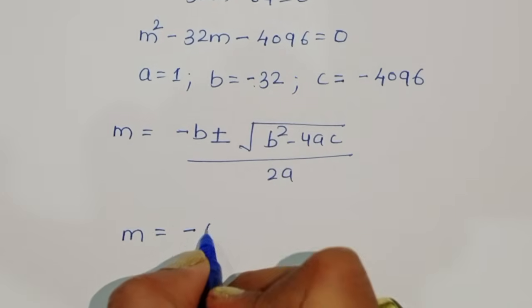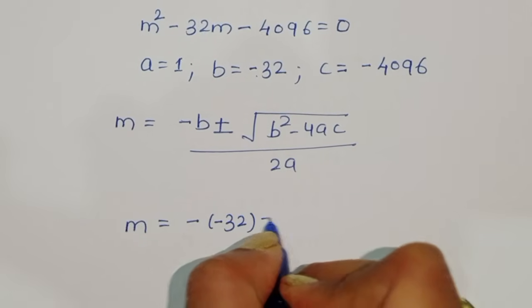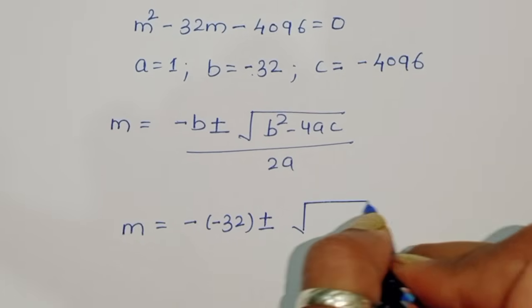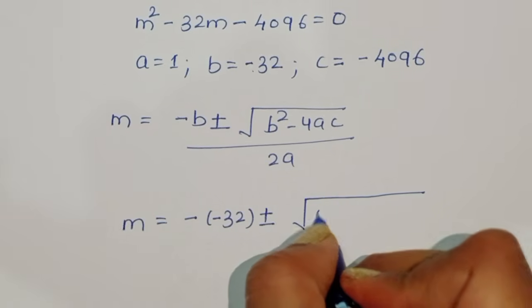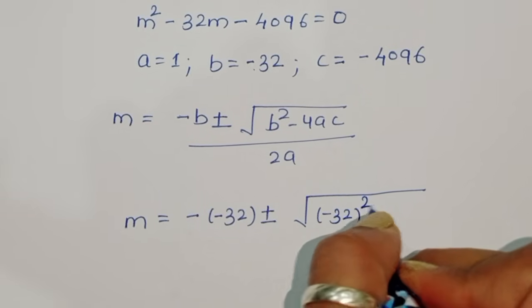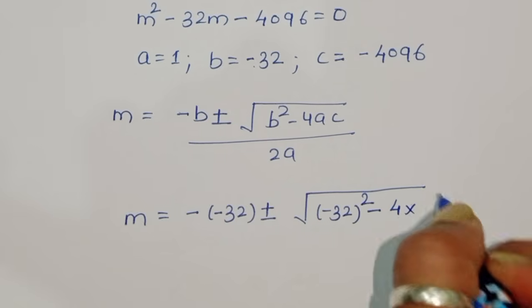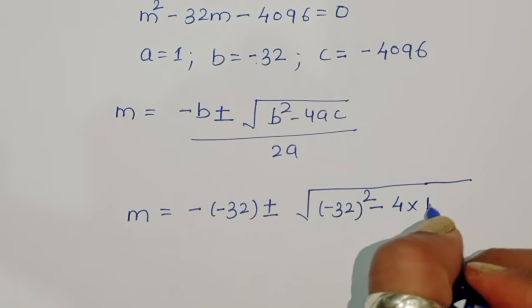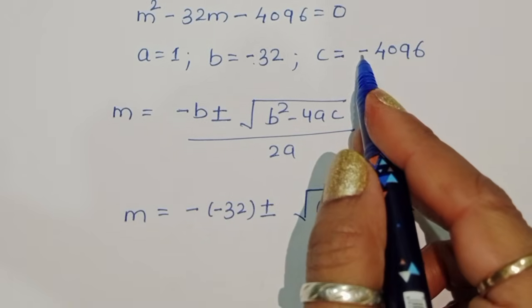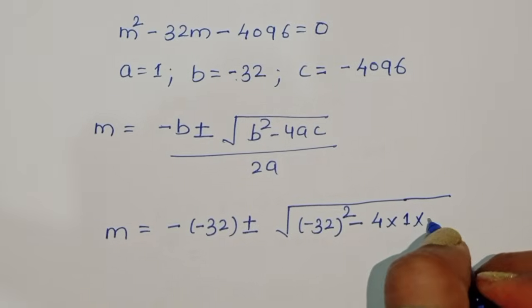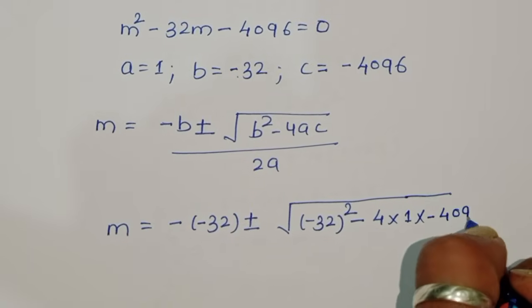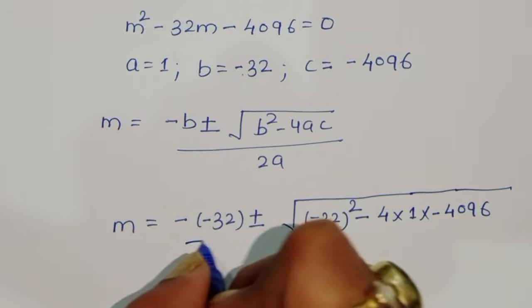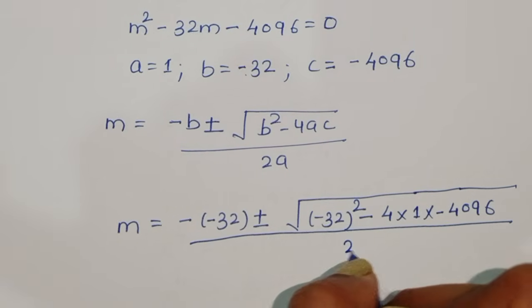So it will become minus 32 plus minus square root of b square. b is minus 32, so minus 32 square minus 4 times a, a is 1, times c is minus 4096, divided by 2 times a.